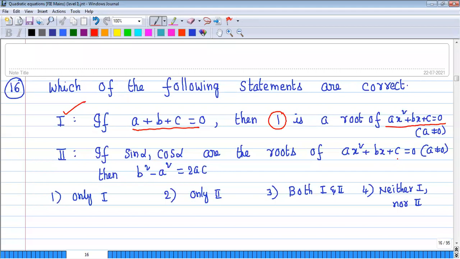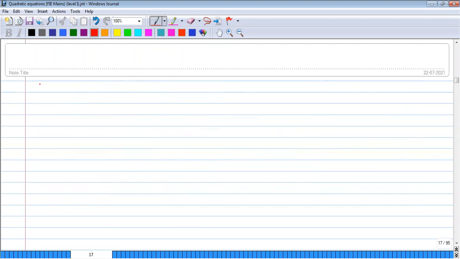We need to eliminate alpha. If you get b square minus a square is equal to ac, then second option will be correct. Then we can say that both first and second statements are correct. Otherwise, only one we can say. So we need to check now.